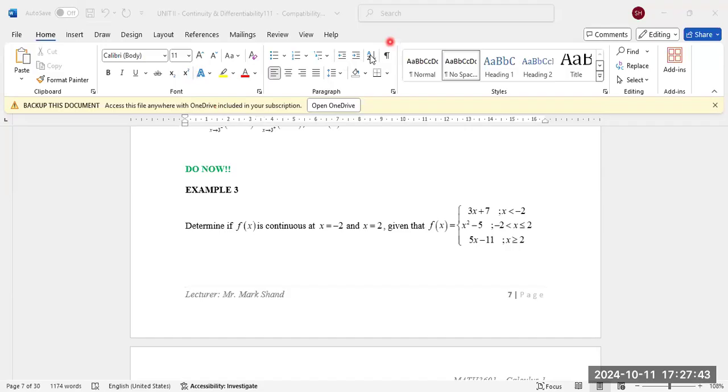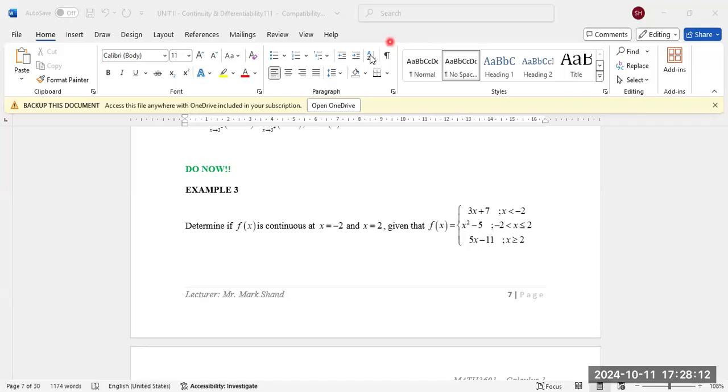Okay, cool. And I like how you spoke about it. The mere fact that you say left hand, you never had to read it, because when it said the limit x tends to -2 minus, that already in and of itself means the left hand. So I like the grown-up way of telling me. Very good. So yes, you are correct. The left hand limit is equal to 1, and the right hand limit is equal to what? -1. So it is discontinuous.